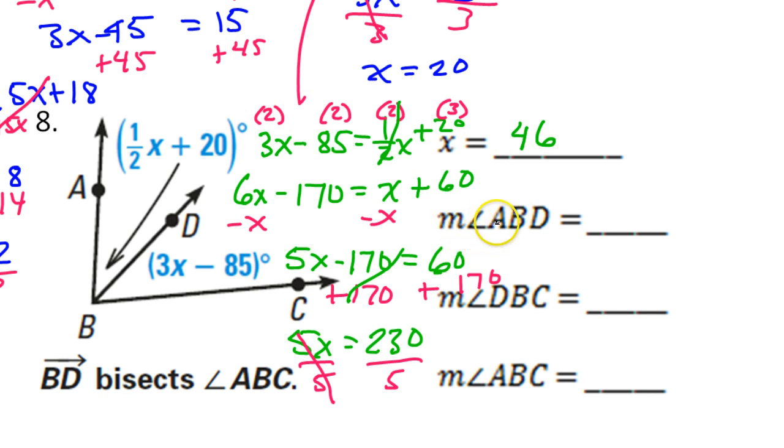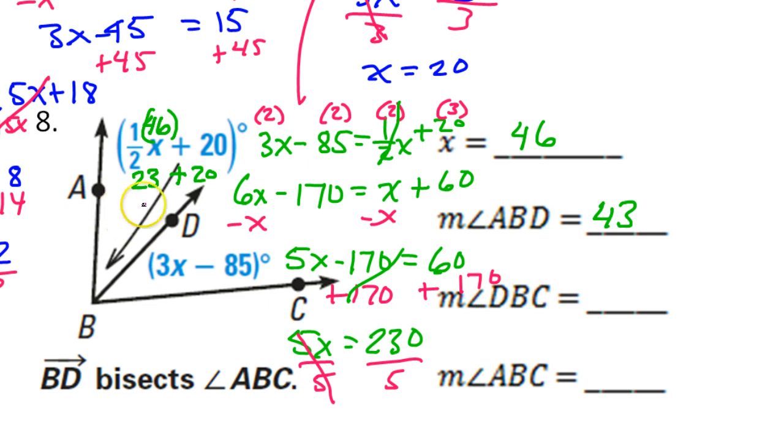So the measure of angle ABD. ABD is the top half up here. Okay, so if I put the 46 in, let's see what I get. Well, half of 46 is 23. So I've got 23 plus 20. That is 43. Okay, what about DBC?